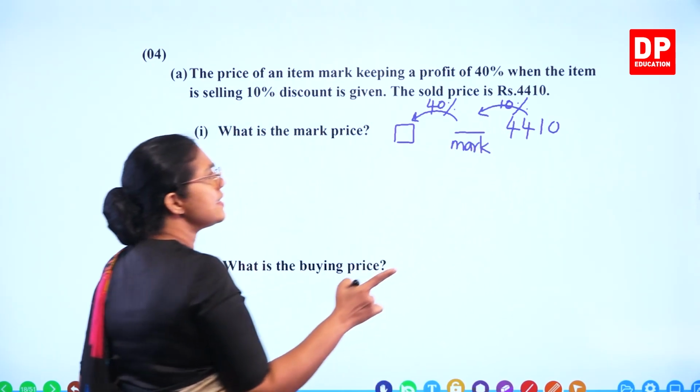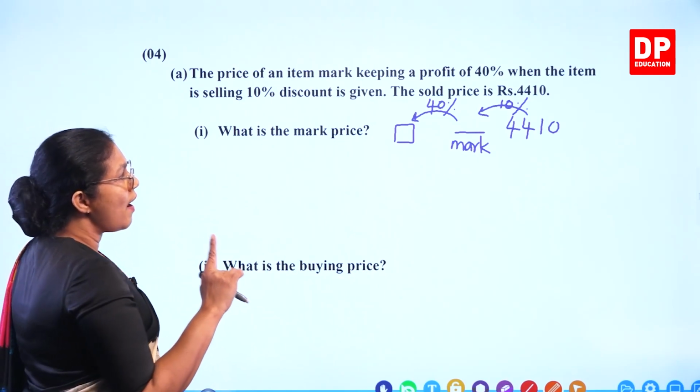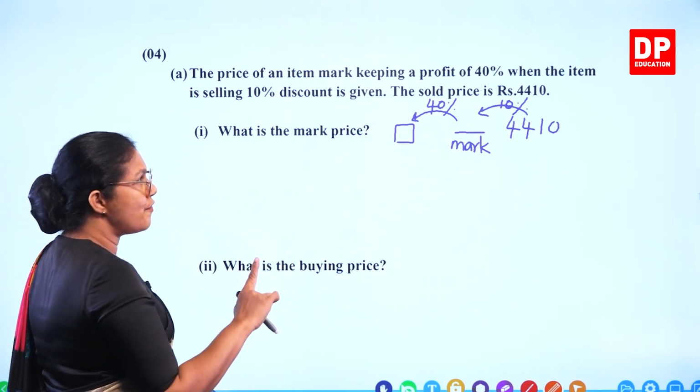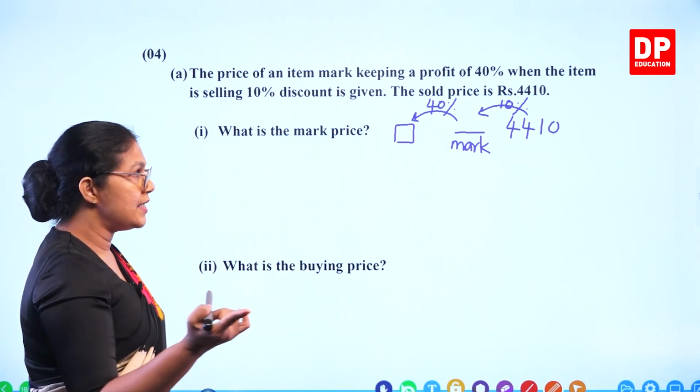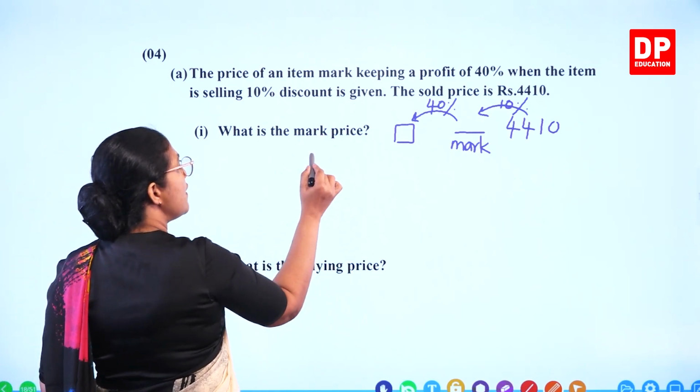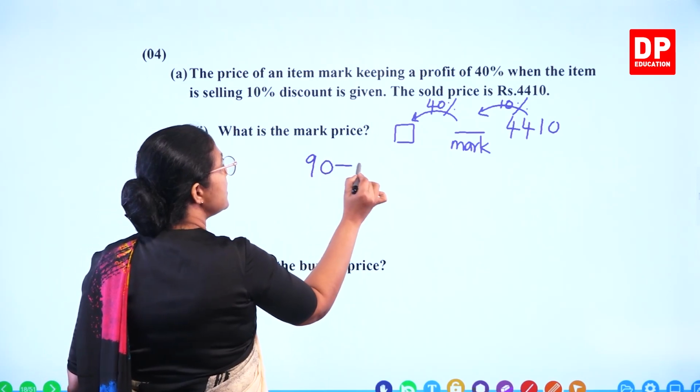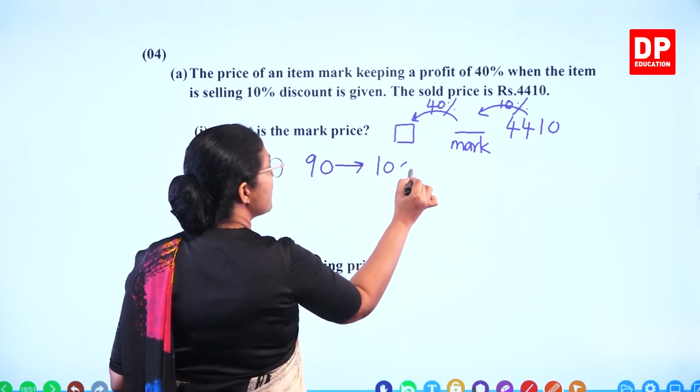So 10% discount. So if the buying price is 100, you can sell it for 90. So other way around, if you are selling for 90, the buying price is 100.